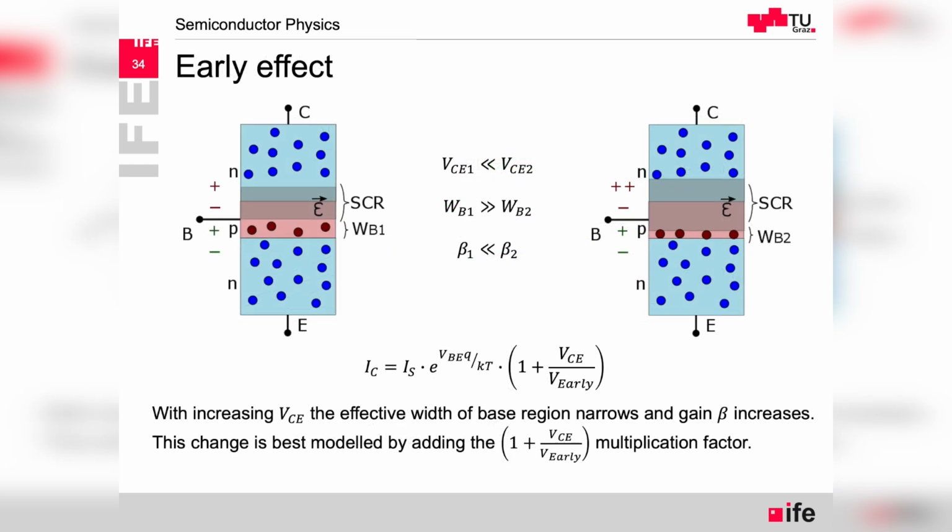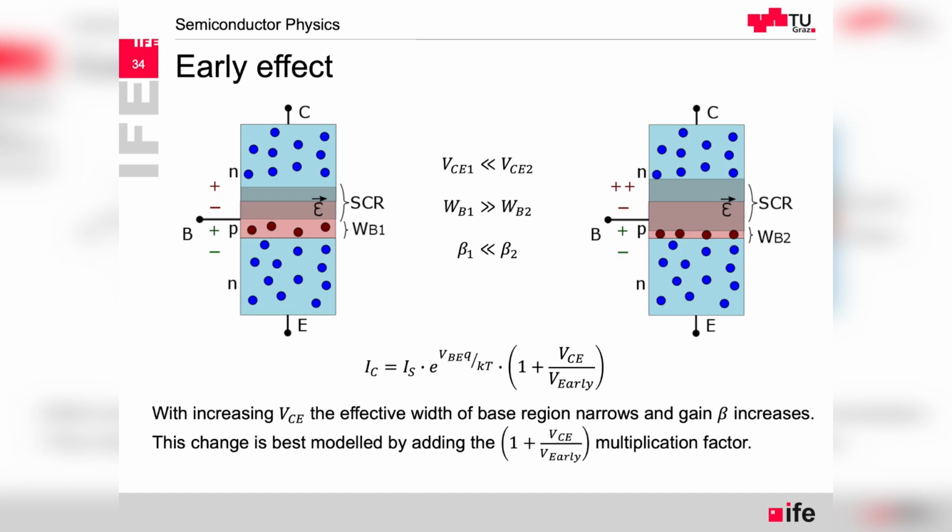If we look at the cross-section of the bipolar transistor, here we have again an NPN. We have the collector-base junction, which is reverse biased, which produces a certain space charge region. And now you remember that as we increase the collector-emitter voltage, the current was increasing. Where does it come from? Because we have at the same time a larger bias applied on this reverse biased diode, the space charge region is increasing.